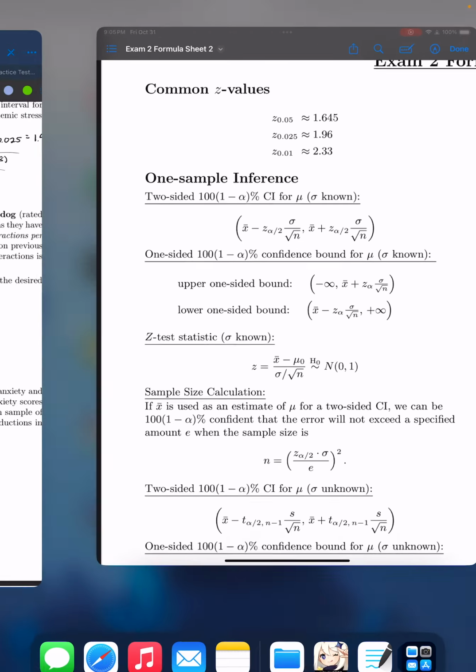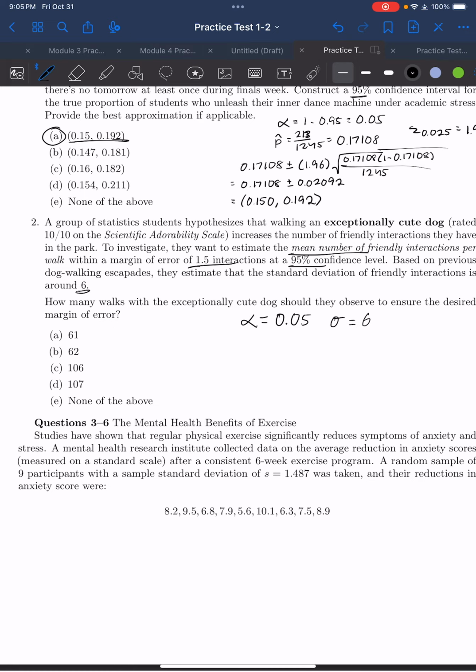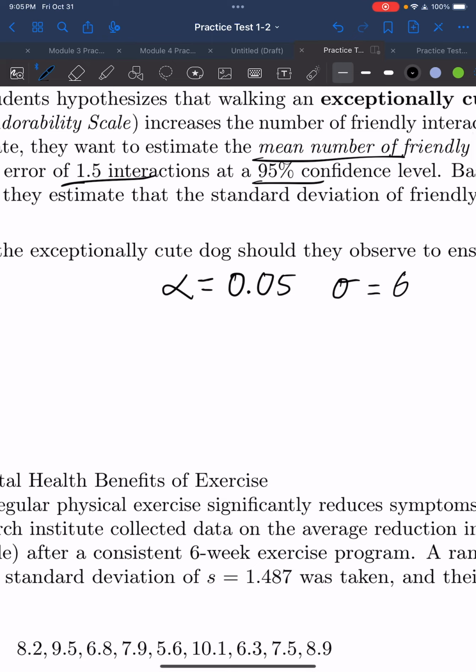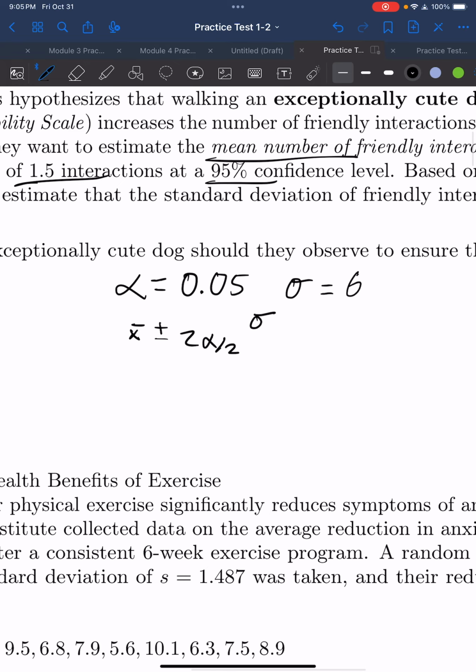And we'll take our formula, so I can write it down over here again. So we have x bar, essentially it's x bar plus or minus our z alpha divided by 2 times the standard deviation over square root of n.